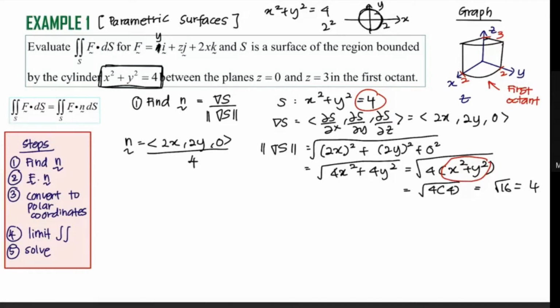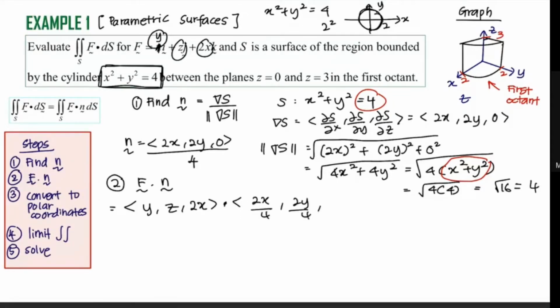Step number 2, find F dot n. Just the dot product. F equal to yz, 2x, yz, 2x, dot product with 2x over 4, 2y over 4, and 0. This is n. And then we get xy over 2 plus zy over 2 plus 0.